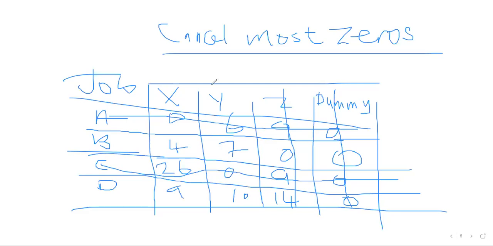So meaning job D should go to dummy because of only 1 zero there.